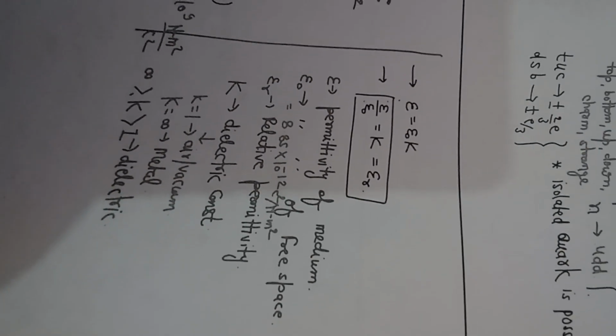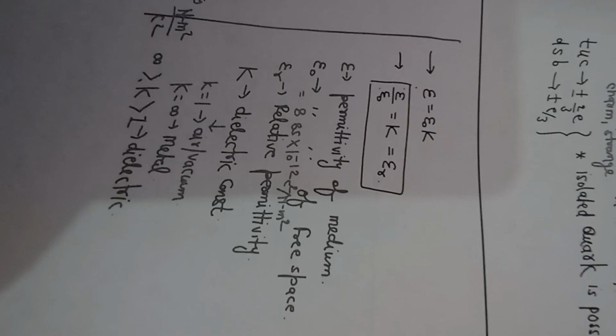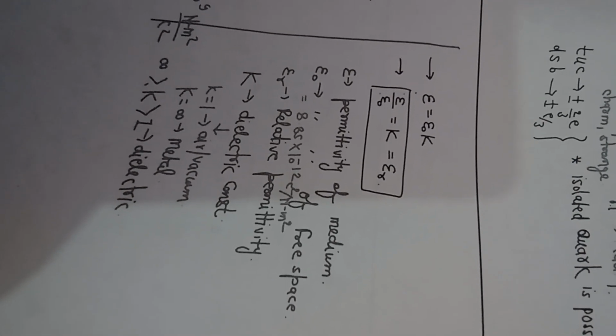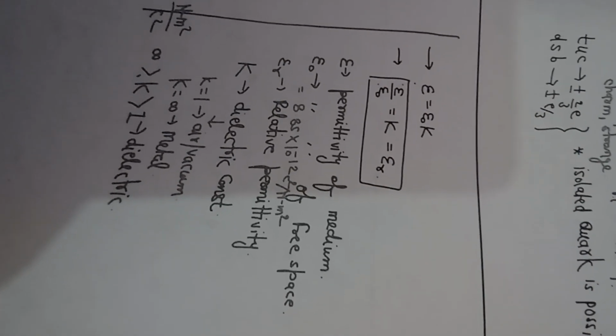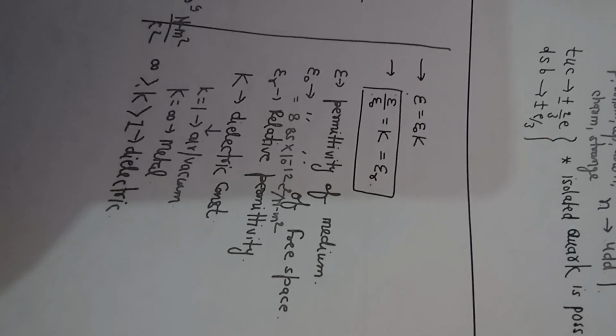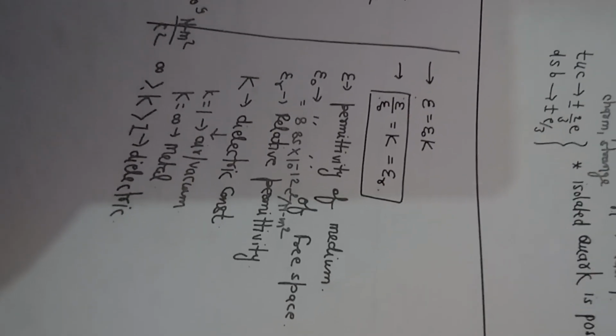Here epsilon is the permittivity of the medium. Epsilon naught is equal to 8.85 into 10 to the power minus 12 coulomb square upon Newton meter square, and epsilon naught denotes the permittivity of free space. Epsilon r is the relative permittivity. Here k is the dielectric constant.